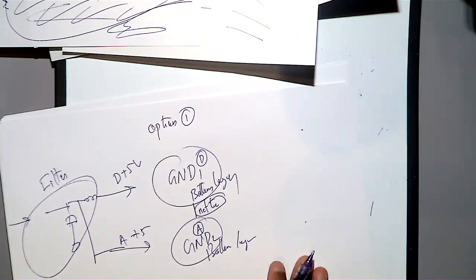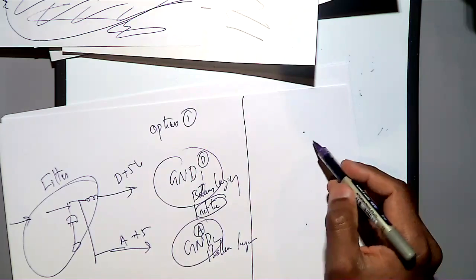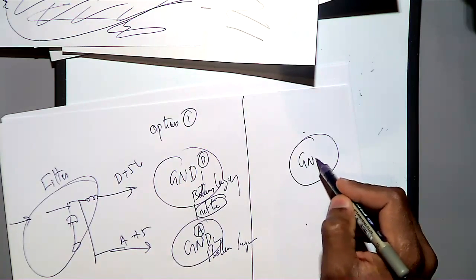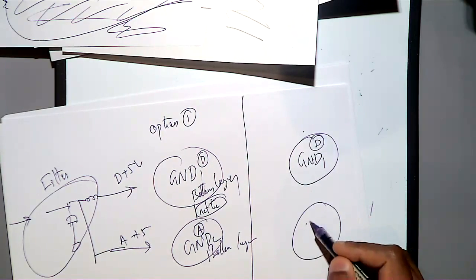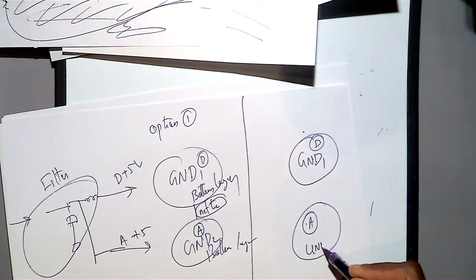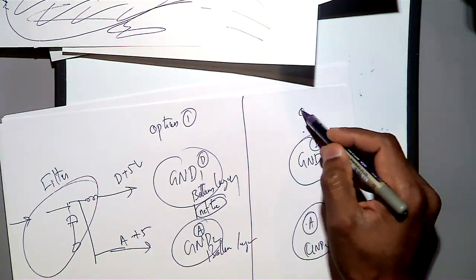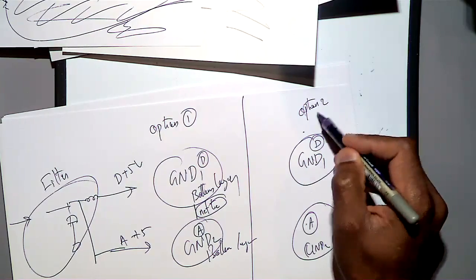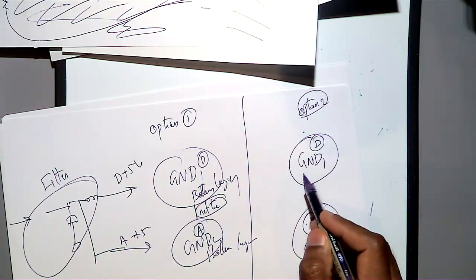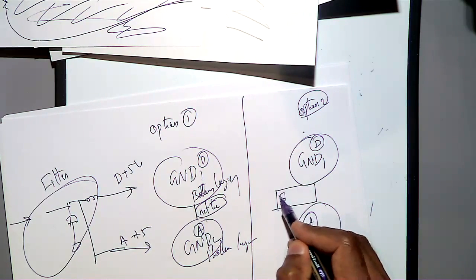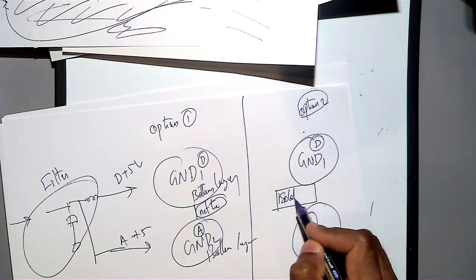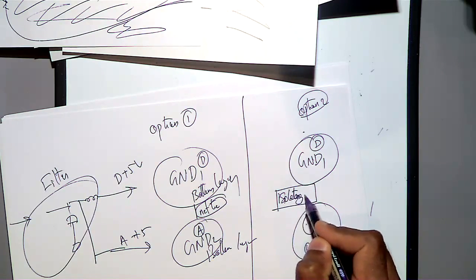But then option 2 means when you have ground GND1, this is the digital, and then you got analog, and then GND2. So option 2 is possible. Here what is happening is you can use maybe an isolating power supply.